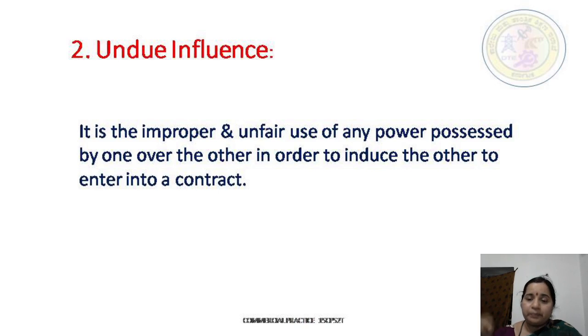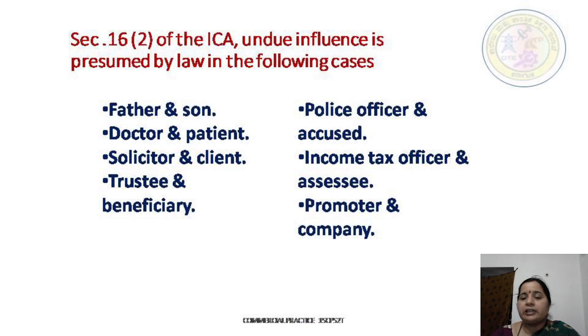If that party uses that power in an improper and unfair way in order to induce the other party to give consent to the agreement, that is called undue influence. Undue influence may be present in many relationships, not only in the case of master and servant.